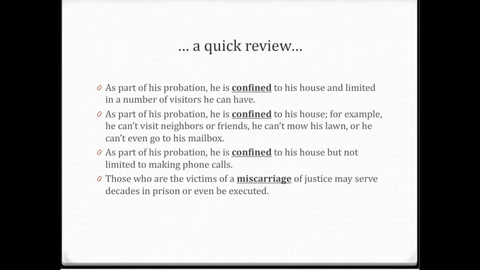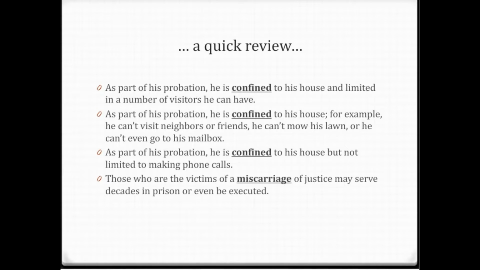Let's read the second sentence. As part of his probation, he is confined to his house. For example, he can't visit neighbors or friends, he can't mow his lawn, or he can't even go to his mailbox. And if you said we have an example context clue, you are right. After the words for example, we have a list of things that he is limited to do.